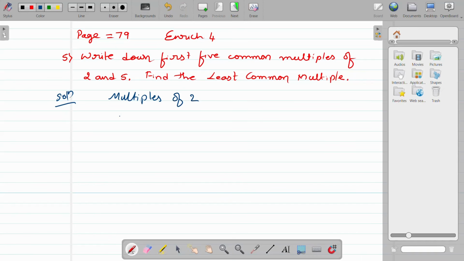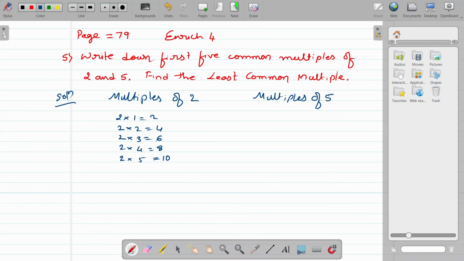That is, 2 ones are 2, 2 twos are 4, 2 threes are 6, 2 fours are 8, 2 fives are 10.